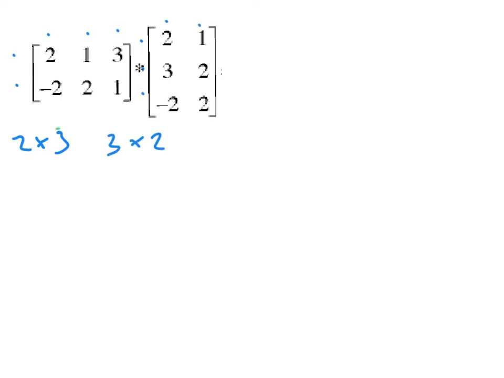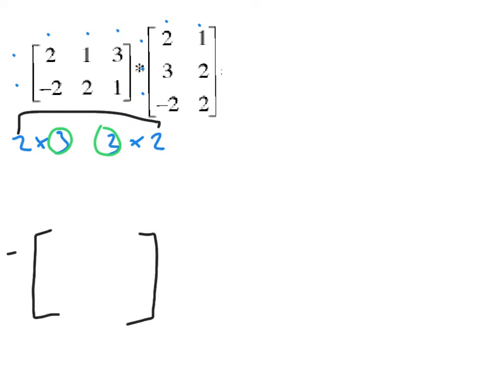Your middle numbers line up again, 3 and 3. So your resulting matrix will be a 2 by 2. So create your answer matrix, your solution matrix, and then start lining up your elements and multiplying. This is going to go fast.